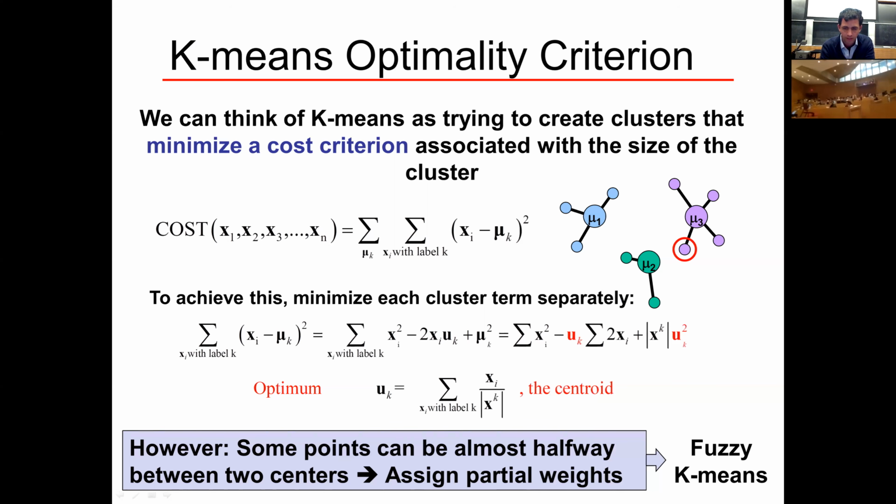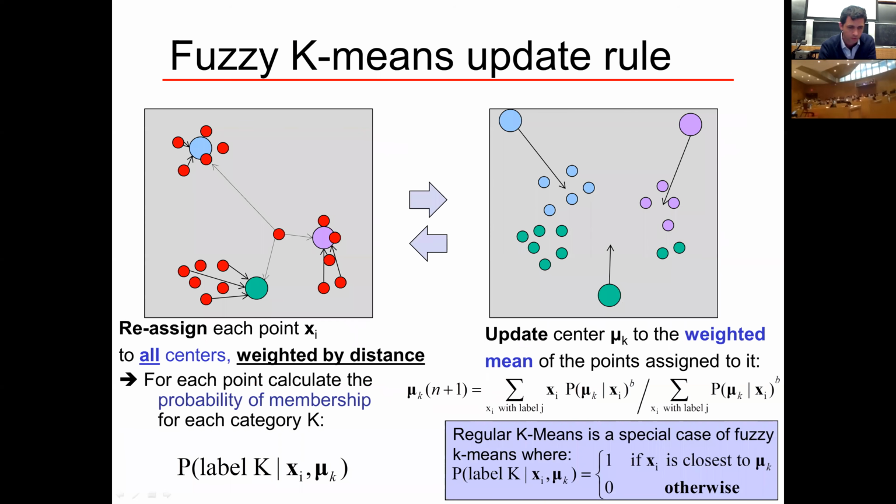So you're going to say that this point here belongs to both cluster purple and to cluster green with some probability. Okay? So that's what fuzzy K-means does. What fuzzy K-means does is, when I reassign the points, I'm going to reassign them to all of the centers every time.